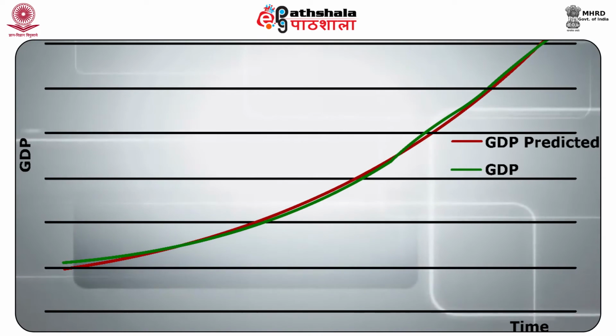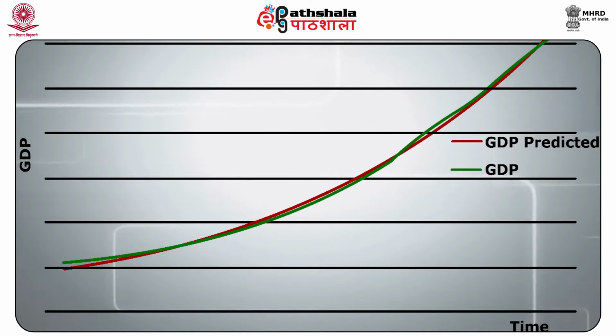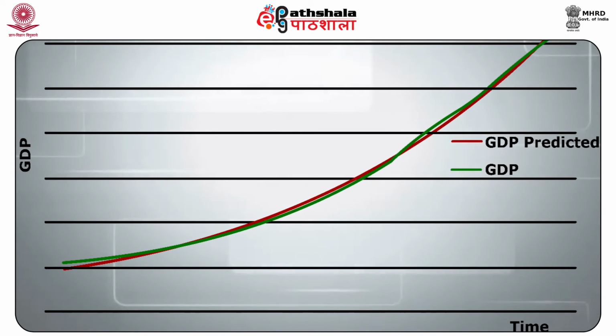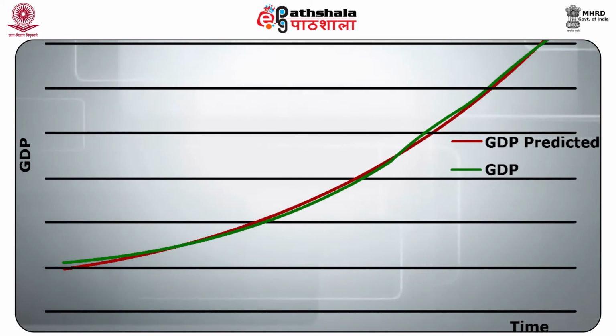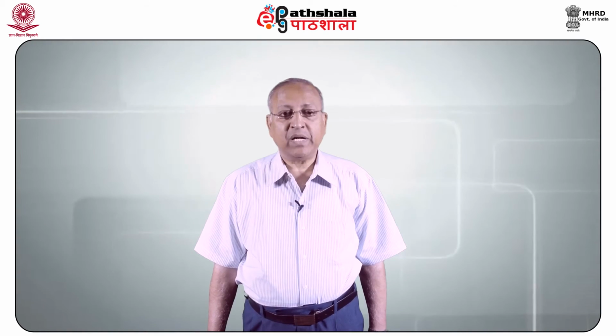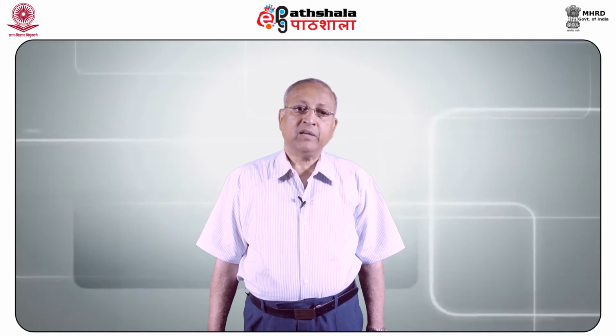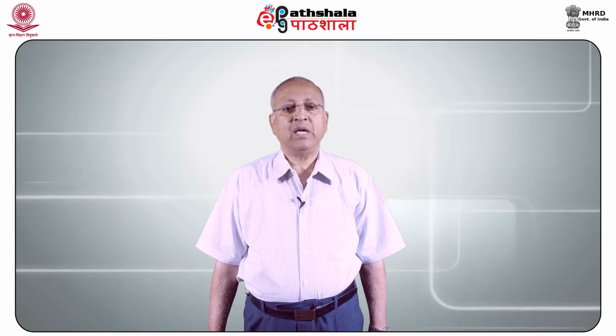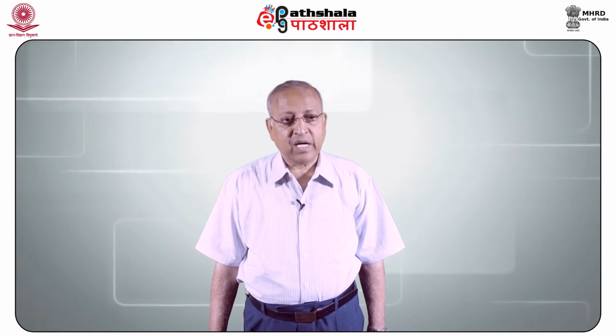Figure 5 shows how good an estimate we have arrived at, because the growth path is depicted with the help of two lines. One is the actual GDP growth path and the other is the predicted. The predicted is obtained from the semi-log equation once we have estimated the equation with the help of regression.